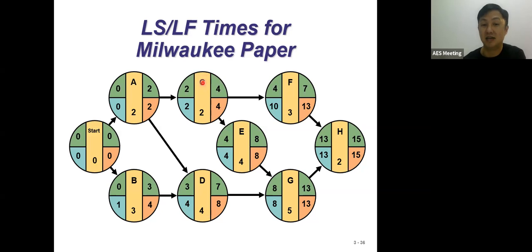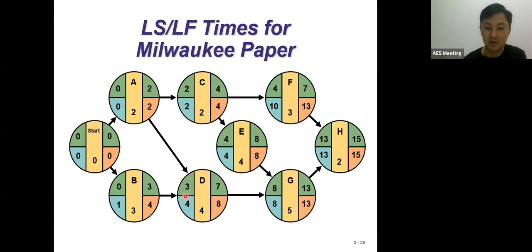So how about C? For C, we have 10 and we have 4. Which one do we choose? Remember, we should choose the minimum. So we choose number 4 here. Number 4 minus 2, you get number 2. Why the 2 here?